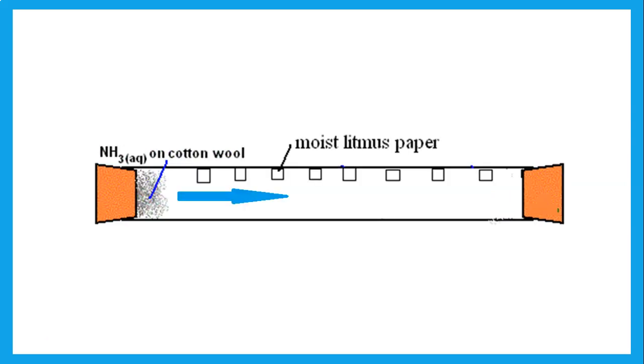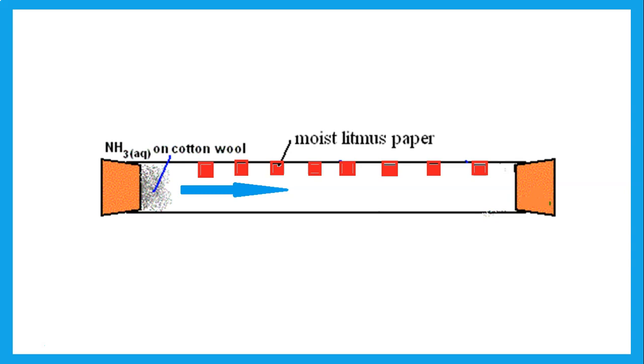So if I put ammonia on one end, it should diffuse from an area of high concentration to an area of low concentration. So how do I show that? I can put red litmus paper so that as ammonia diffuses from an area of high concentration to an area of low concentration, these litmus papers will start to change color.